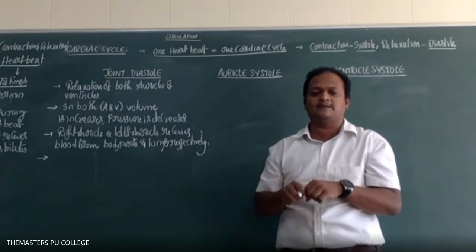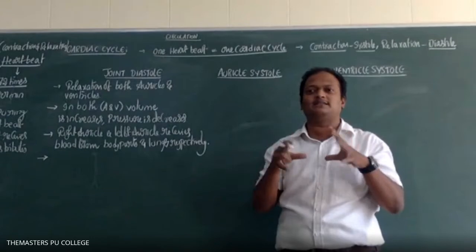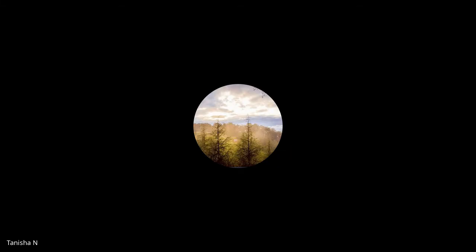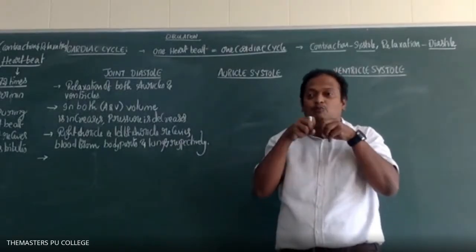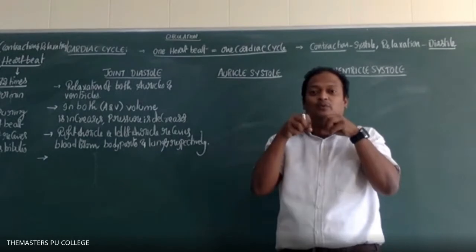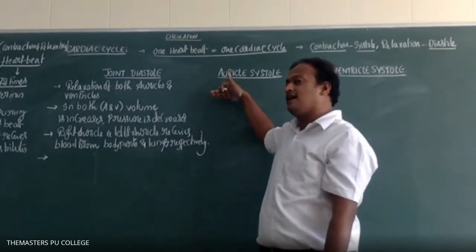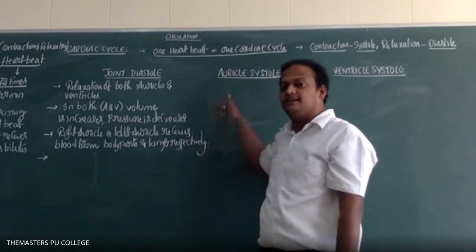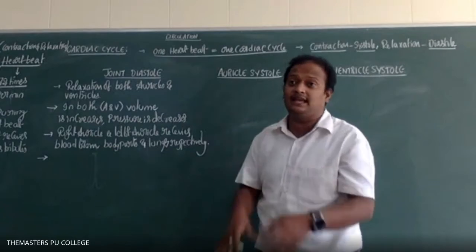Is it clear, students? Between auricles and ventricles, what are present? Valves. Both tri and bicuspid valves are present, and both are open. Opening is required because the blood is passing from auricles to ventricles.